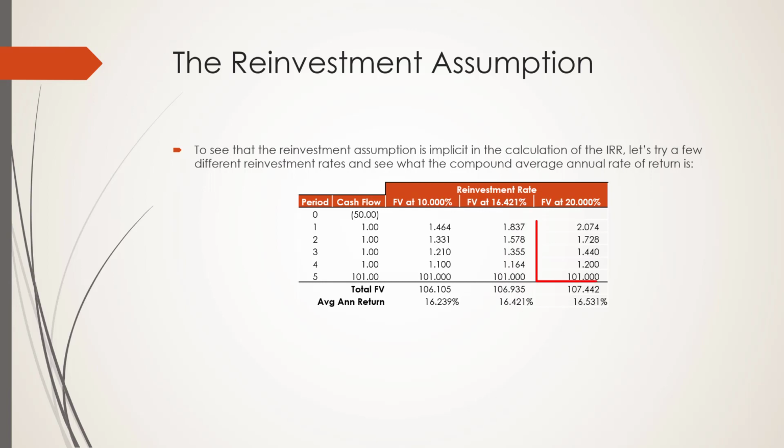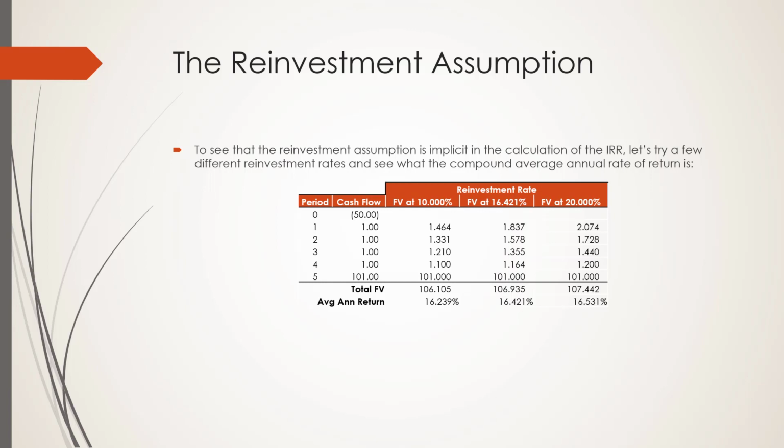What if you reinvest at 20%? So the far right column. Well, in that case, you end up with 107.442, and you get an average annual return of 16.531%. So you get more than the IRR. Only if you reinvest at the IRR, and this is the middle column there, do you end up with an average annual return of exactly the IRR, that is 16.421% per year.